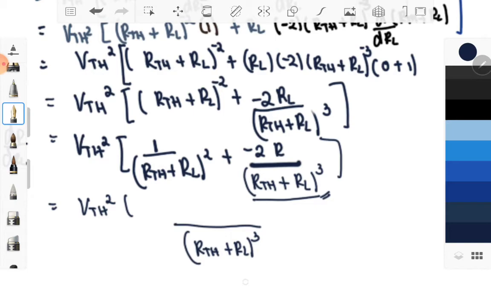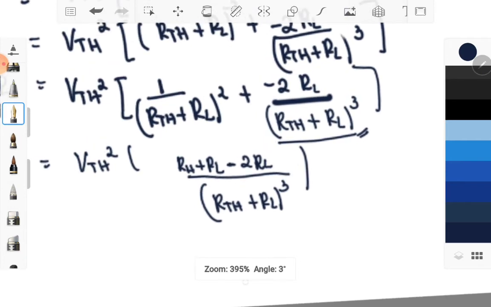Kasi pag dinivide mo to, we have RTH plus RL minus our 2RL. Take note, RL yan. Right?